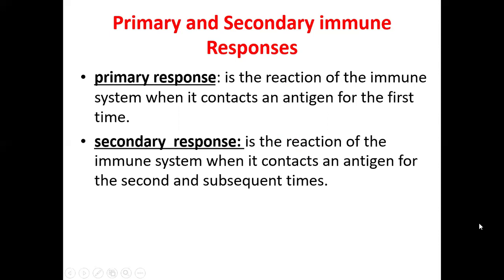Okay, primary and secondary immune response. Primary is the reaction of the immune system when it contacts an antigen for the first time, and secondary response is the reaction of the immune system when it contacts an antigen for the second and subsequent times.